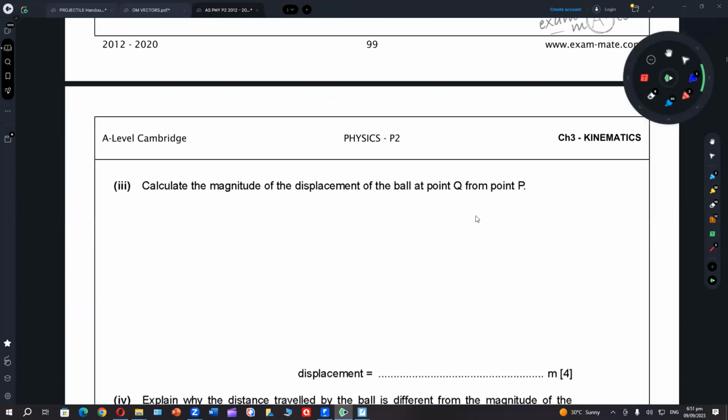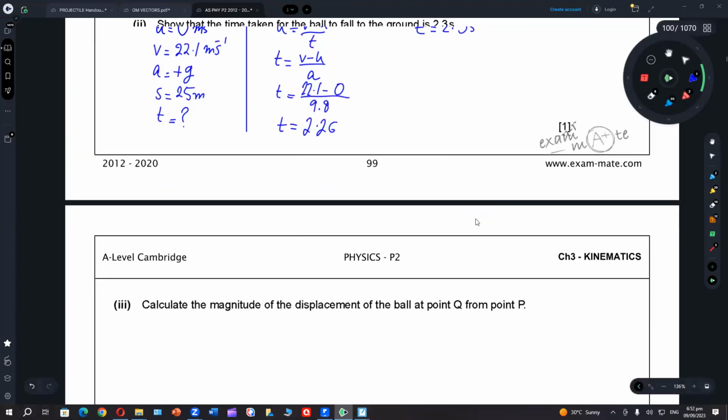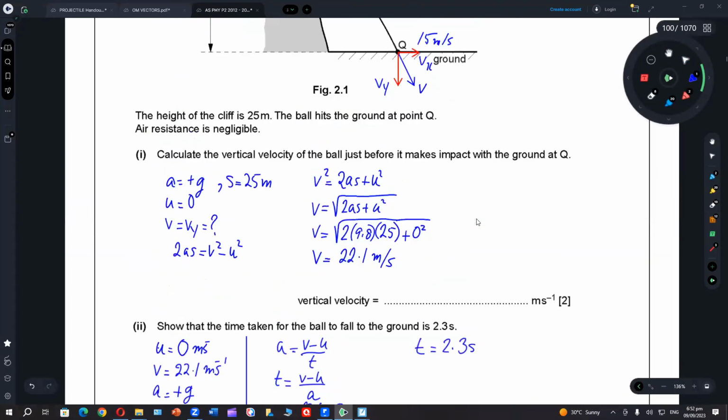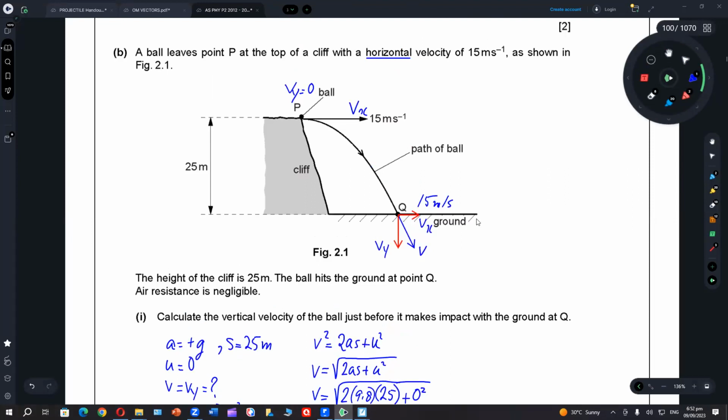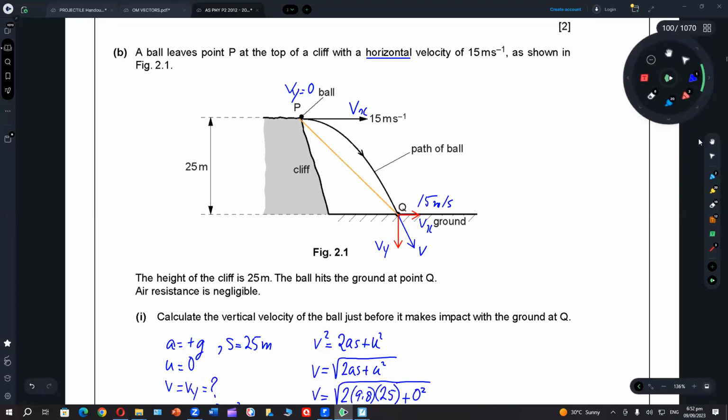Calculate the magnitude of the displacement of the ball at point Q from P. Achha, he wants a straight line. Displacement is a vector, so it is always in a straight line. So let me draw a straight line here. This is the displacement.